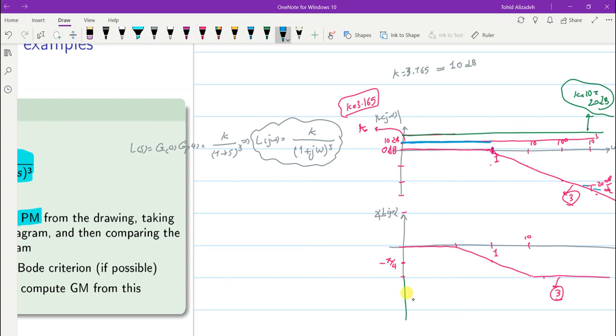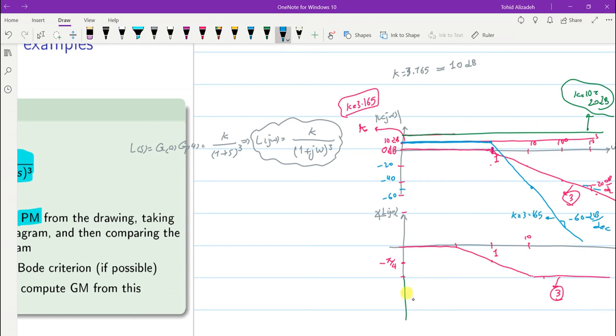So minus 60 means that if we have 10 here, after 1 decade we will have minus 50. So here is minus 20, minus 40, minus 60. Therefore this will be the value after 1 decade, and after another decade it will become minus 110. So it will indeed continue like this, minus 60 decibel per decade. This is what we get for K equal to 3.165.